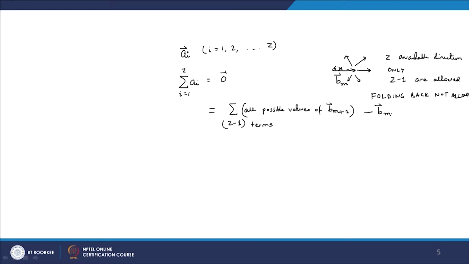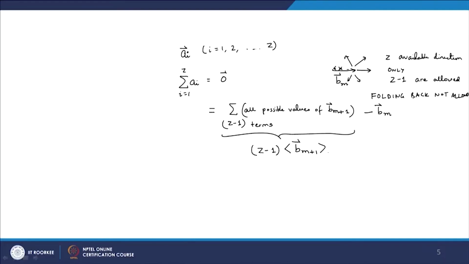Okay. So, now if I look at this particular sum, this must be equal to z minus 1 times the average of Bm plus 1, because if I multiply the average by the number of possible values, I should get this particular sum. Okay. But that average is now for a given value of Bm, because if the Bm is changed, then this expression will also change. Okay.